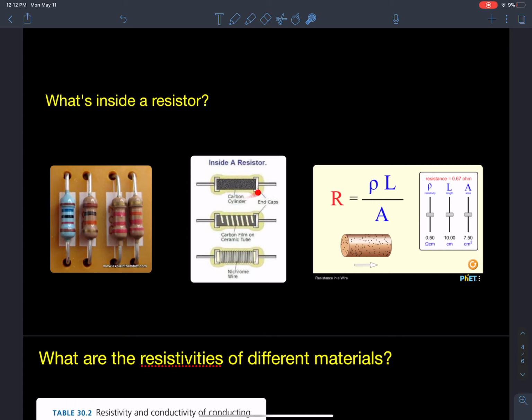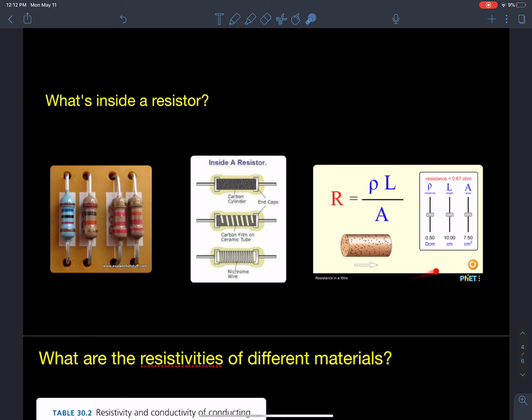Some have carbon, some have carbon mixed with some other types of ceramic materials, and some are just wrapped around with wire. This particular one would be used for heating. That's nichrome wire. As electricity goes through, heat would be generated, and these other ones might have a lot higher resistance and really slow down the current.